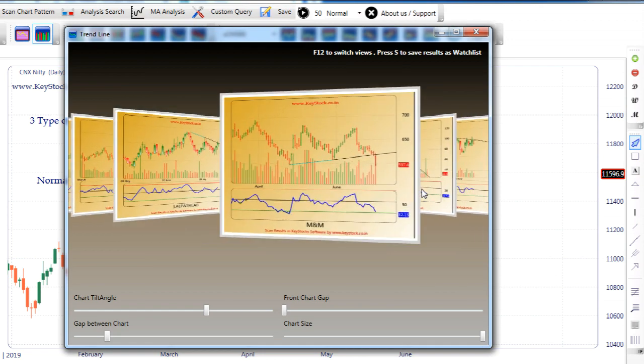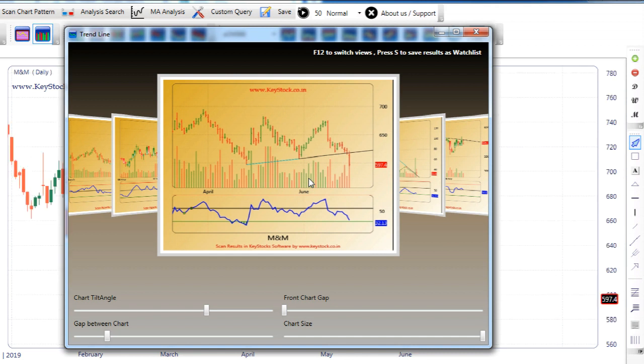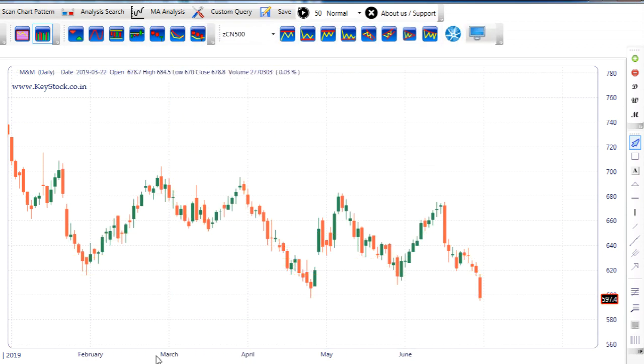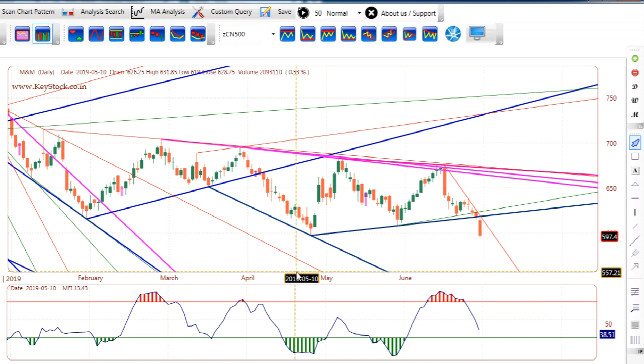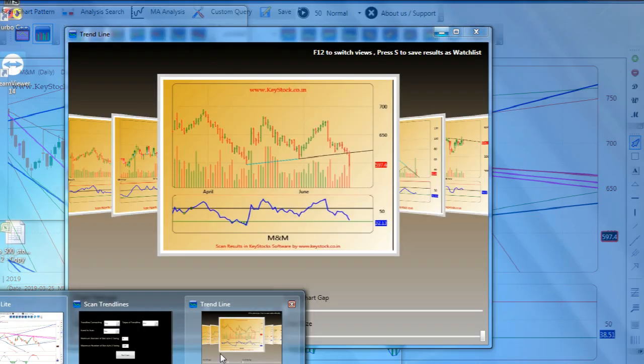Like M&M, Mahindra and Mahindra, we term it a flat slope. We can see the same trend line in tab 9 or tab 10. As you can see, a triangle is forming over here. With the help of trend lines, we can identify most chart patterns also.